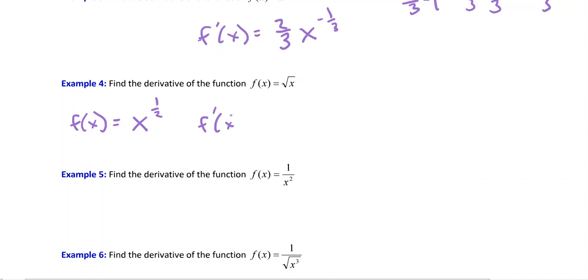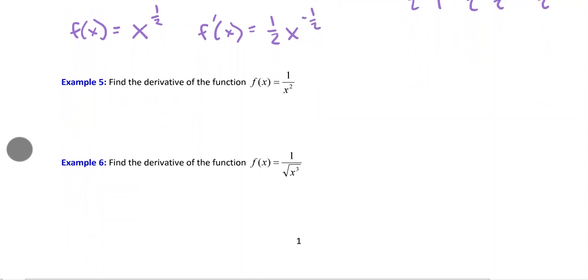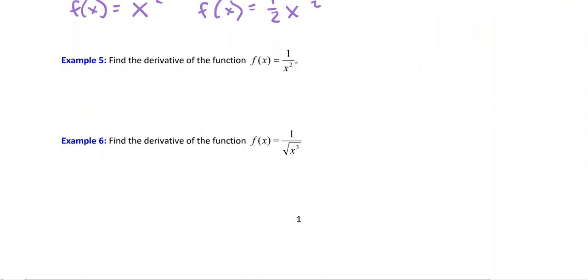So we bring down the exponent as a coefficient of the variable, and then we reduce the exponent by 1. 1/2 minus 1 is 1/2 minus 2/2, which is negative 1/2. And once again, I'm going to leave the negative exponent for now, since we're pretty much just focusing on doing the power rule.